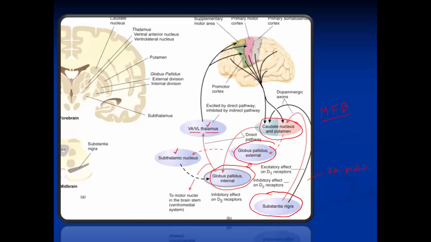I hope that's a review. Now, the caudate and the putamen are sometimes called the striatum. So here we've got the substantia nigra sending axons up to the striatum. I hope you now recognize this as our nigrostriatal dopamine system.